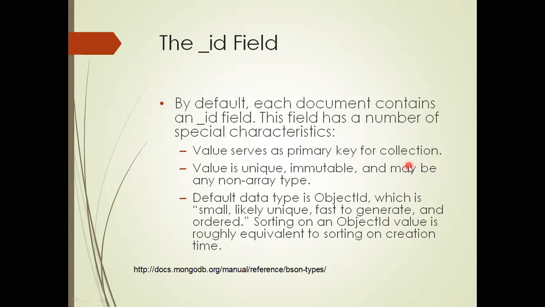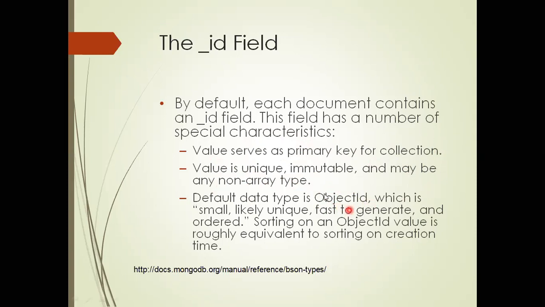So within a collection, if we want to refer to any document, then we can refer to that document with its unique ID, that is the document ID, which will act as a primary key for the collection, and the value will be unique, immutable, and maybe non-array type.